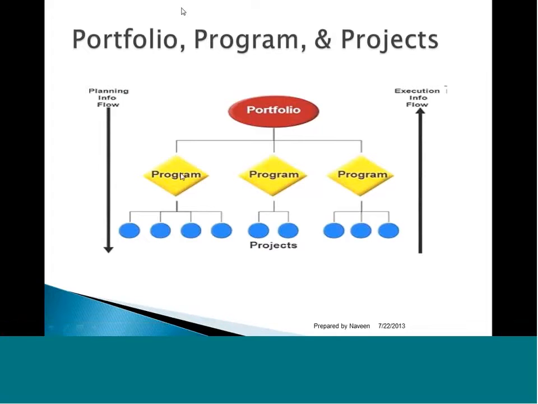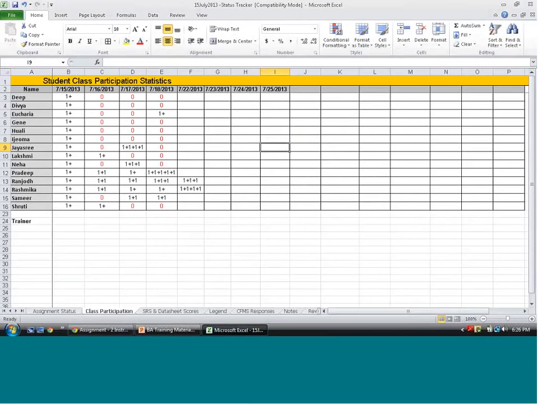Very good. Multiple projects will lead to a program, and different programs will lead to a portfolio. When planning is done, it is done at portfolio level to program to projects, but execution is done from projects to programs to a portfolio.